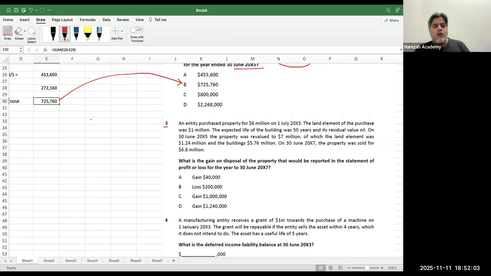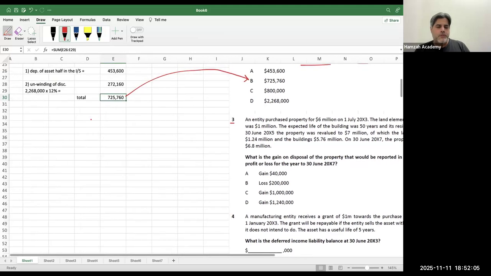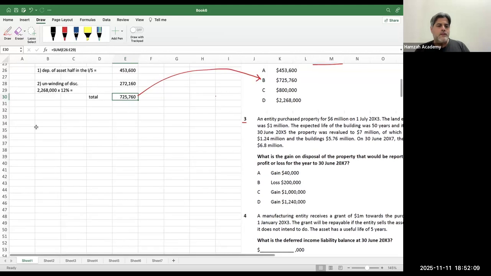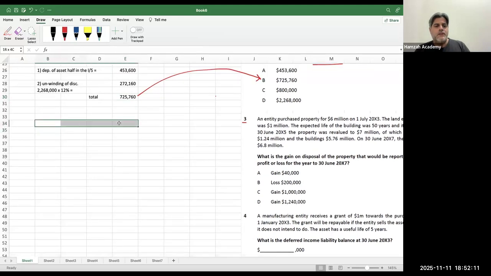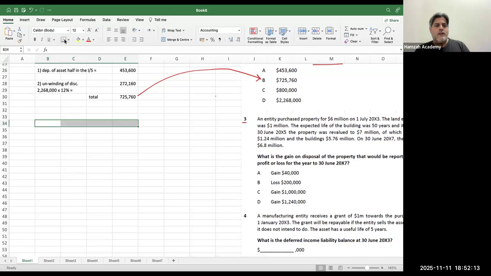So how are we supposed to do it? I mean, you can go for the disposal account as well, right? We can straight away create a disposal account over here, right? So this is going to be my disposal account.